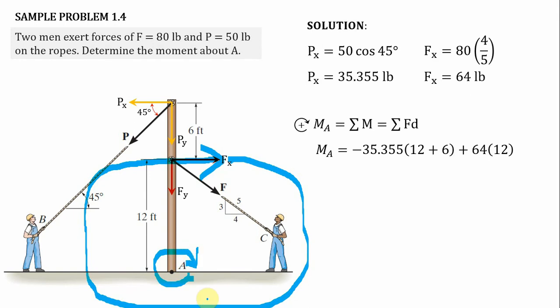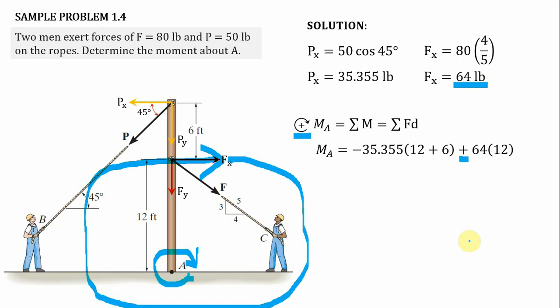This is clockwise. Therefore, the moment produced by Fx is a clockwise moment, and that's why it is positive, kasi assumption natin is clockwise positive. Gets nyo? So, the moment produced by Fx is equal to force times distance. What is the force by Fx?